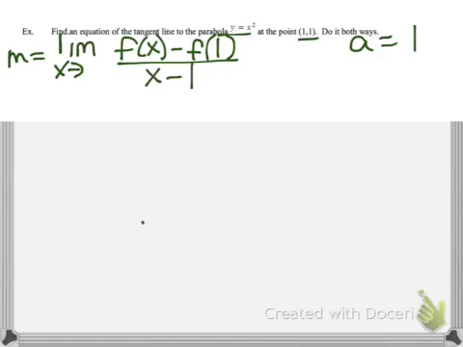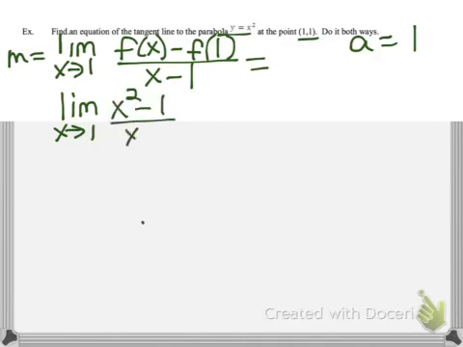Now just do this out algebraically. We know that f of x is x squared, so this becomes the limit as x approaches 1 of x squared minus 1 over x minus 1.